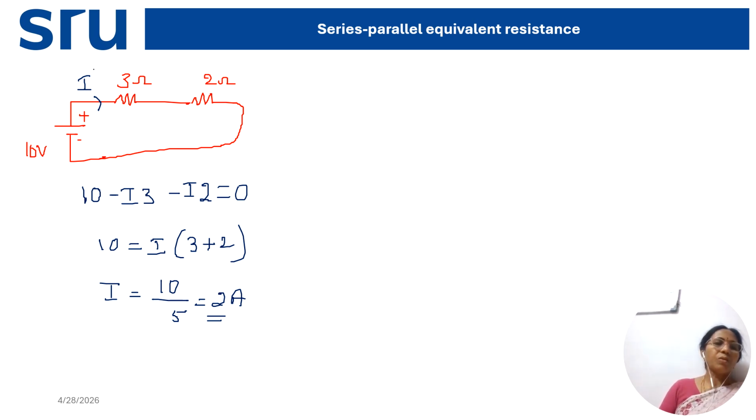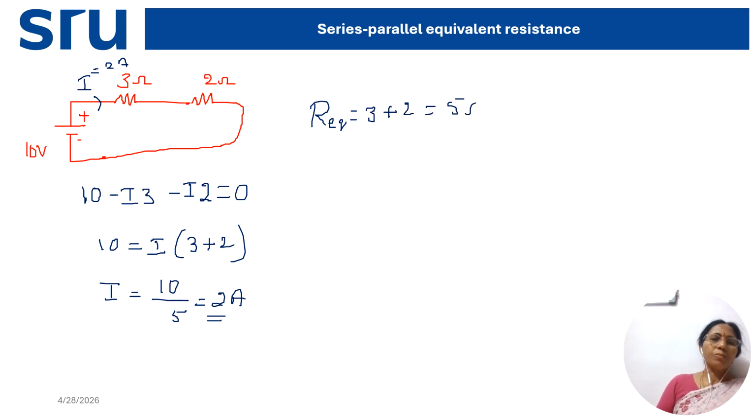So we got the current 2 ampere, and from here itself you can take the equivalent resistance of the network. If two elements are connected in series, it is R1 plus R2. What is R1? 3. What is R2? 2. How much is it? 5 ohm resistance.